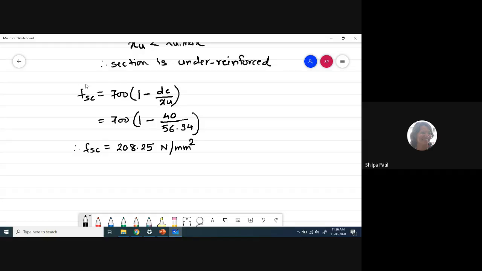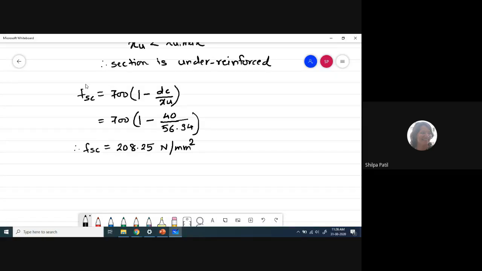Now we have to compare this value with 0.87 FY to check whether our assumption is correct. The condition is: if it is greater than or equal to 0.87 FY, our assumption is correct. If not, our assumption is wrong and we have to recalculate XU by putting FSC in terms of XU.